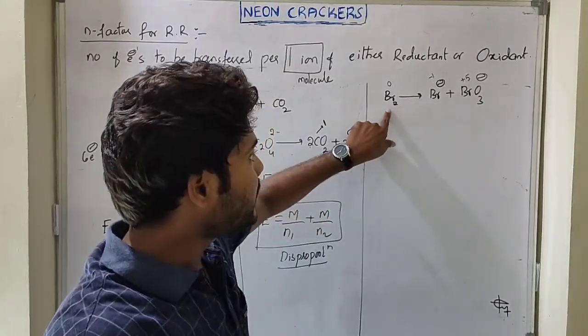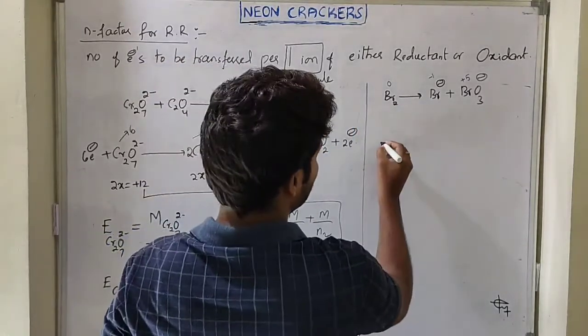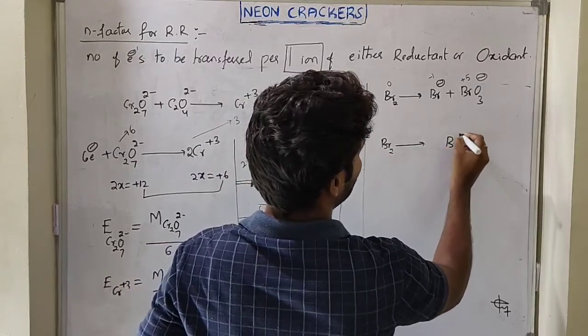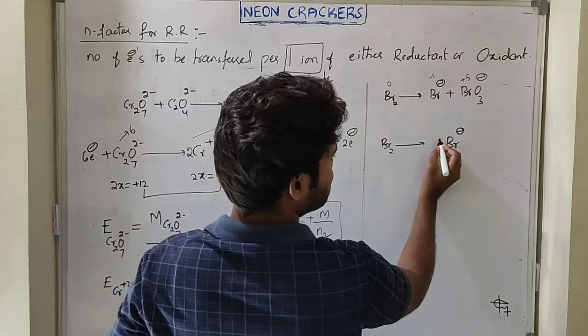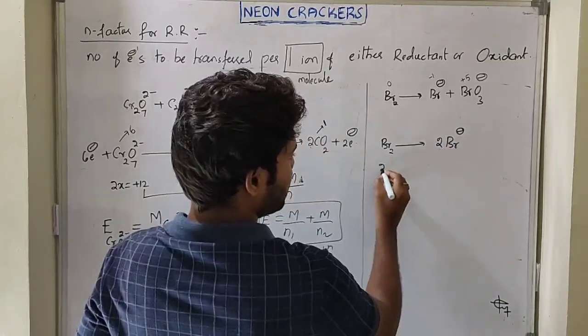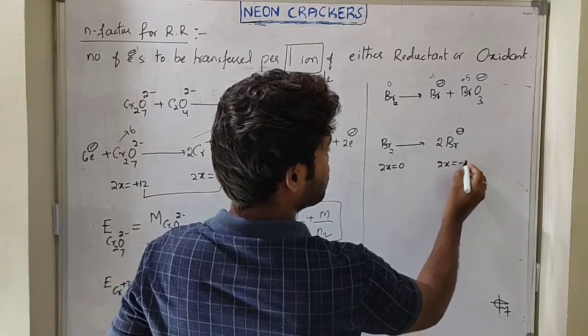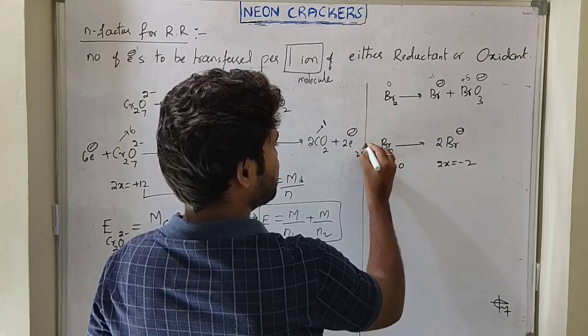Then how to find the equivalent weight of Br2? Same concept. From Br2 to Br minus, only two atoms are there in Br2 and here only one atom, so multiplied by 2, and we get 2x equals 0. Next here 2x equals -2. So the number of electron difference, how much here? 2 electrons.